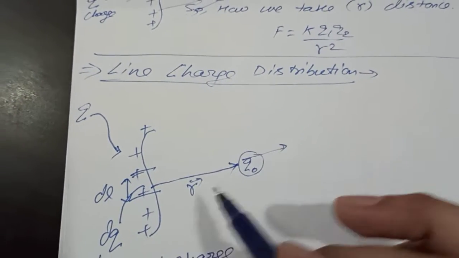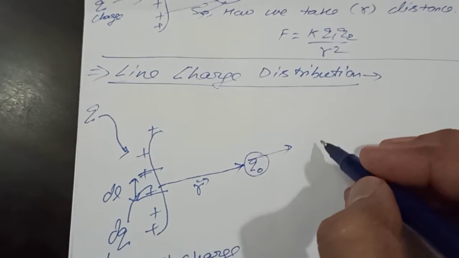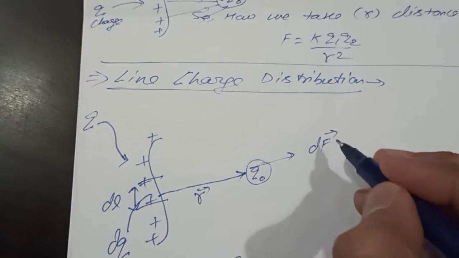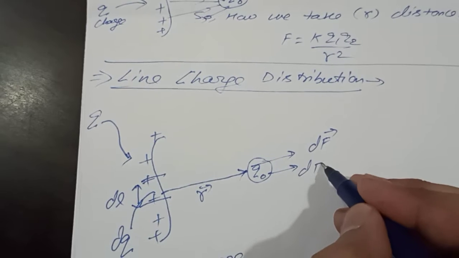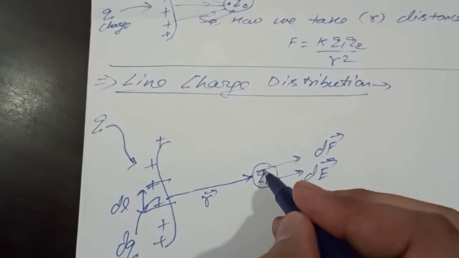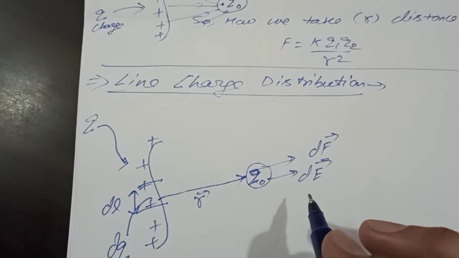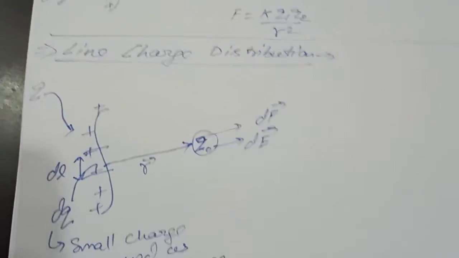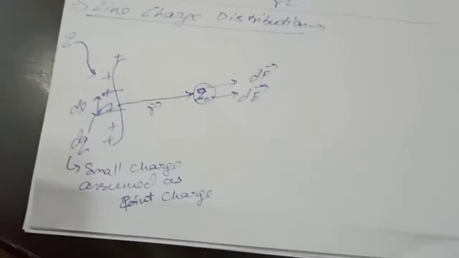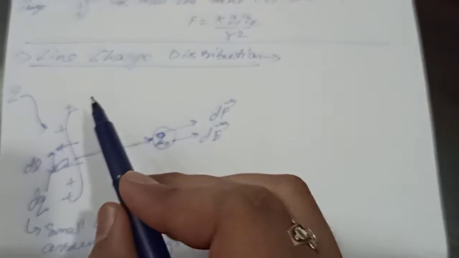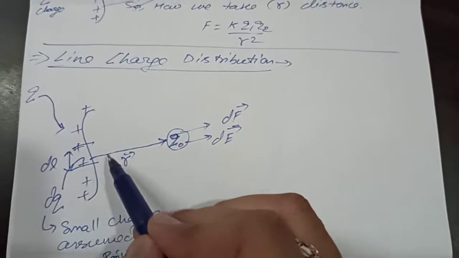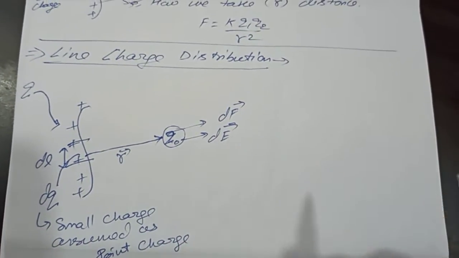So for the small elemental charge, the force is also a small dF, and the electric field is also small, in the same direction, because positive charges repel each other. So here comes the concept of line charge distribution, how from the whole wire you take a point charge and apply the formula.